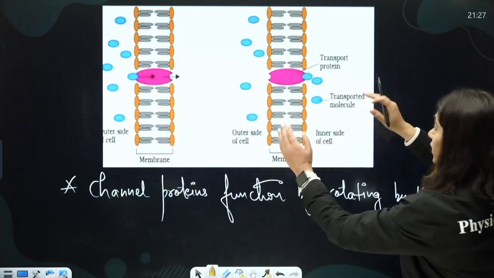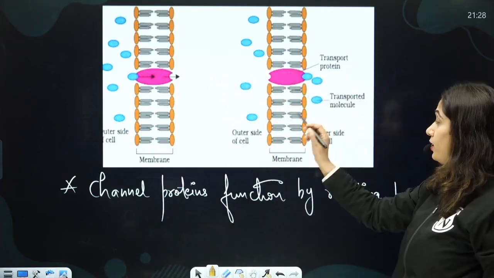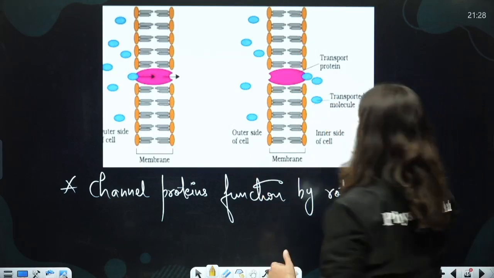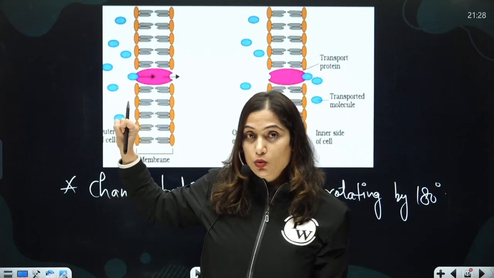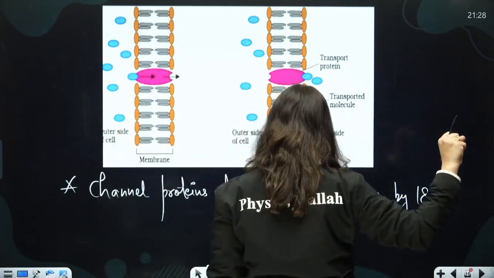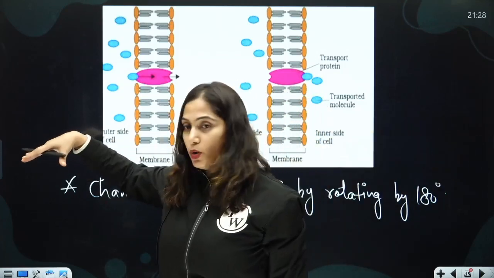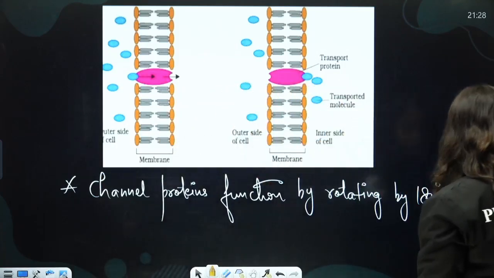The membrane protein rotates by 180 degrees, releases the molecule into the cell and again comes back to its conformation, right? It will get attached to the molecule, rotate by 180 degrees, release the molecule into the cell and will again rotate by 180 degrees. So this is how these membrane proteins function.